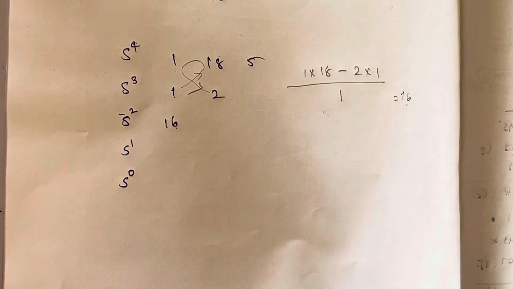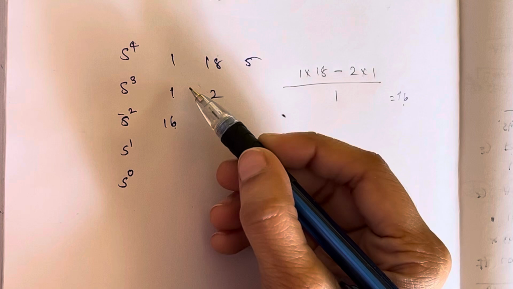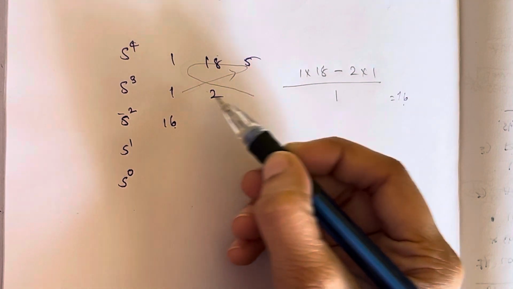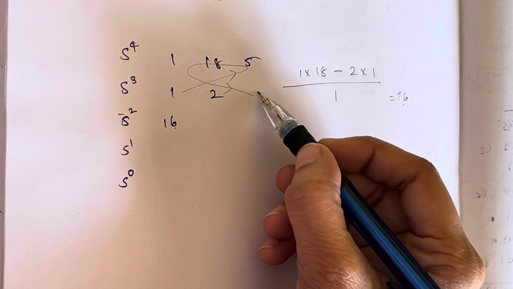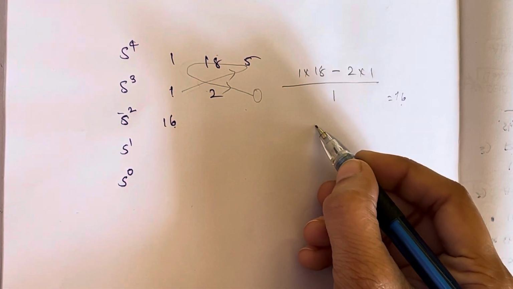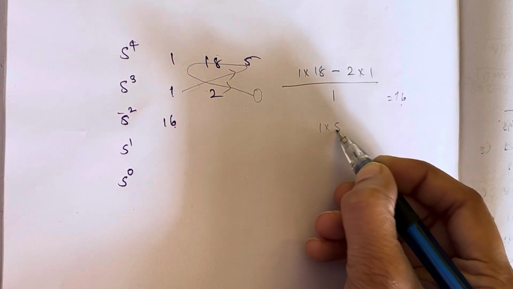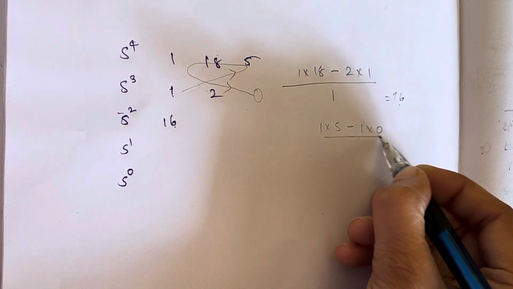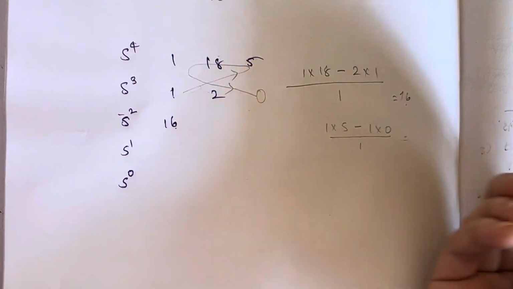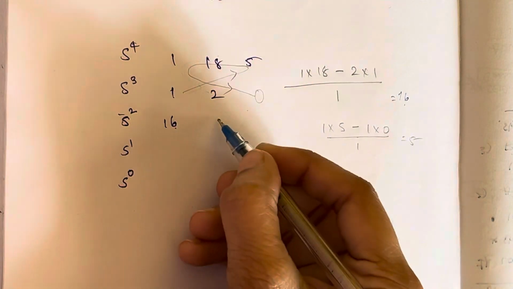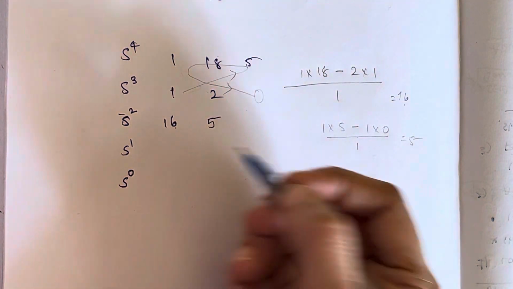The next is in this order. We don't have anything, so we can write 0. You can write (1 × 5 − 1 × 0) / 1, which is obviously 5. So write 5 here.